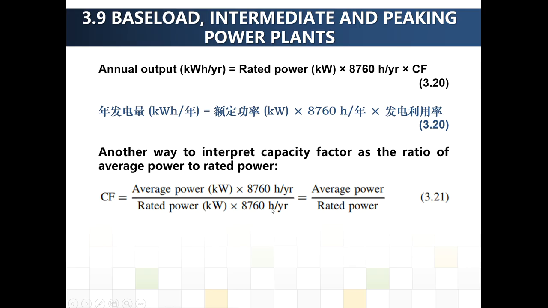So the capacity factor is the ratio of average power to rated power. It's also the ratio of the annual generation amount of energy divided by the total amount of energy when the generator operates at the rated power for the full year.